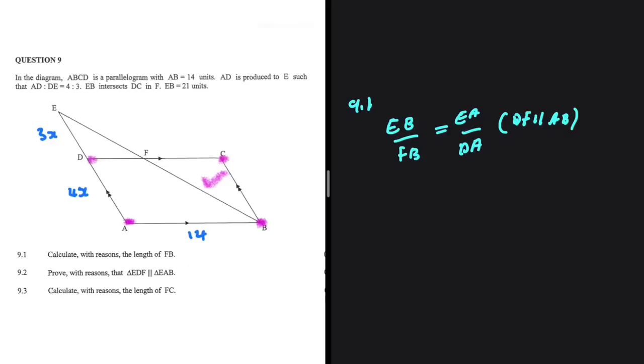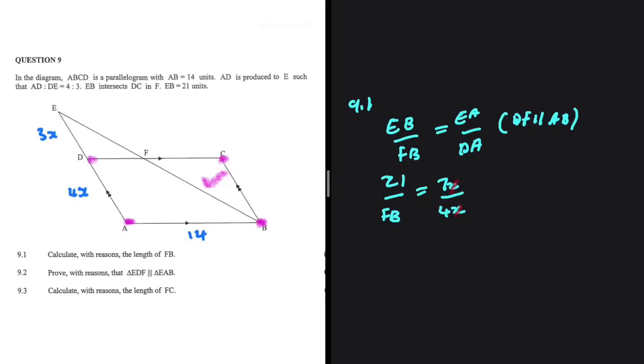So what is EB? EB is 21, like we have in the information. FB is what we're interested in. This should be equal to EA. EA will be 7x divided by DA, which is 4x. We can see x and x cancel out.